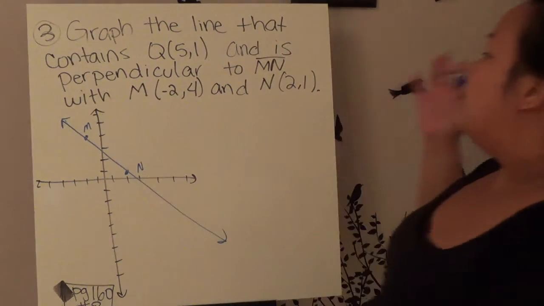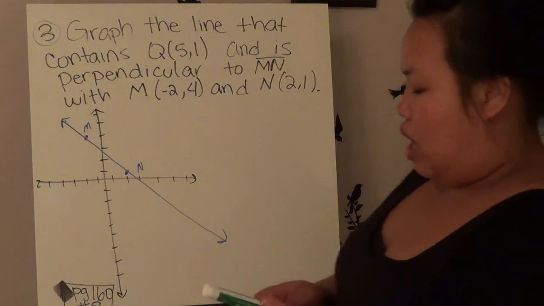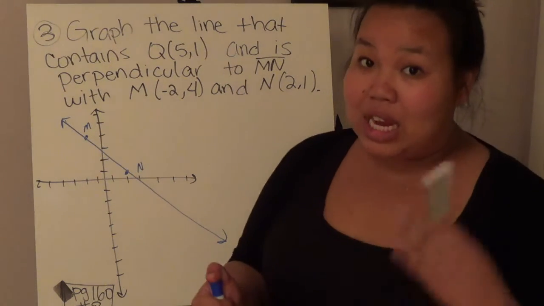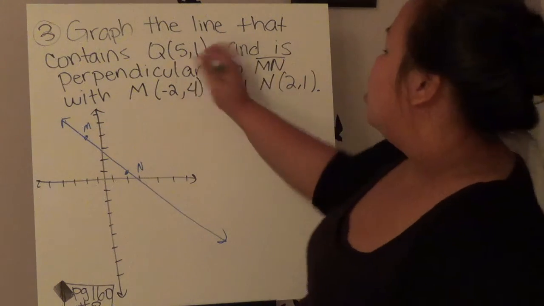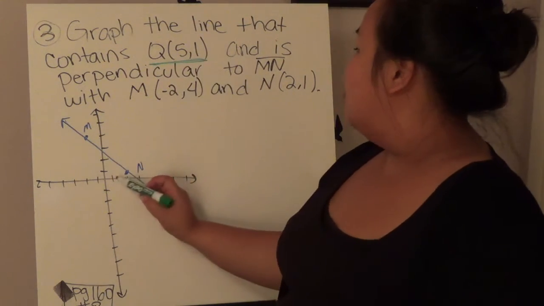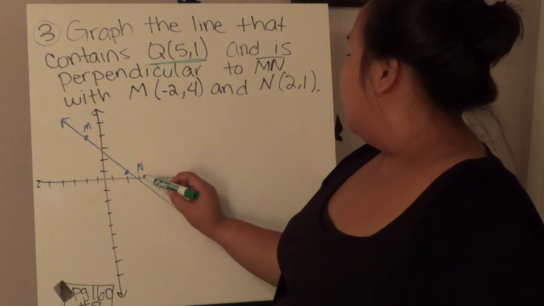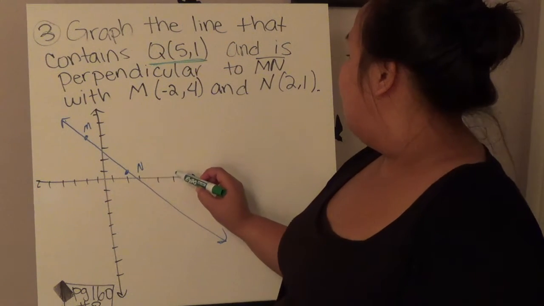And I want to find something that's perpendicular to this. That means it hits it at a 90-degree angle, except it goes through this point right here, which is 5, up 1.